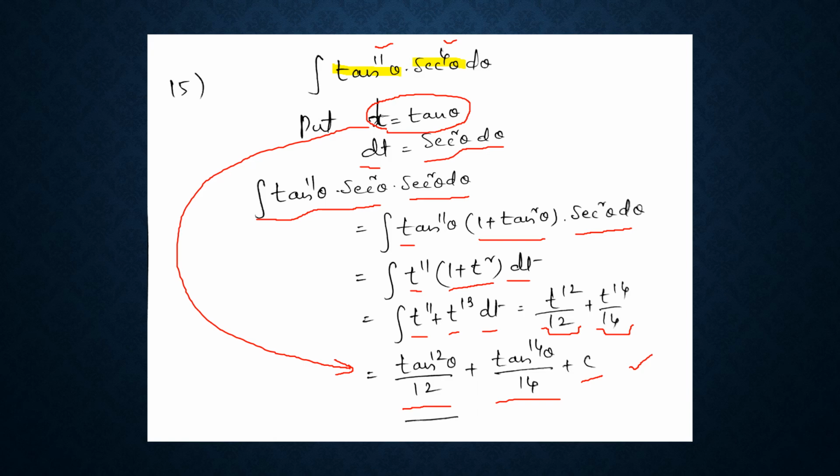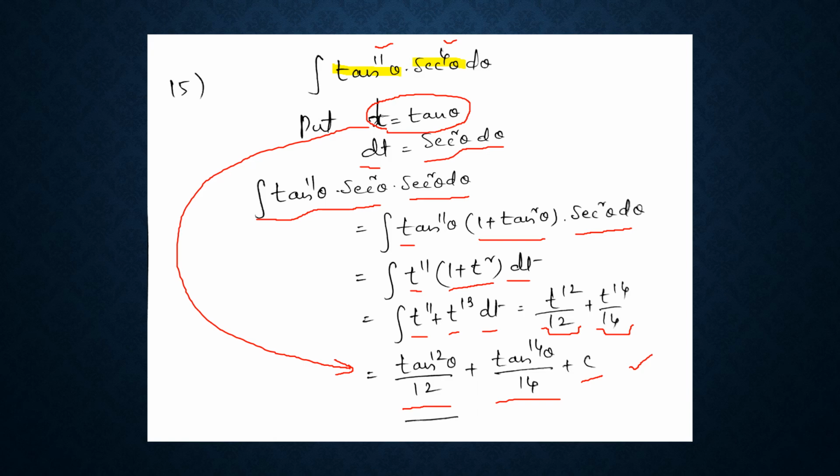If two powers are odd numbers, then by taking the function which is having higher power as t, we can simplify the problem. If both are even powers, that is sine square x or cos square x like that, then by taking the cos 2x terms, by writing sine square x as 1 minus cos 2x by 2 and cos square x as 1 plus cos 2x by 2, we can solve the problem.